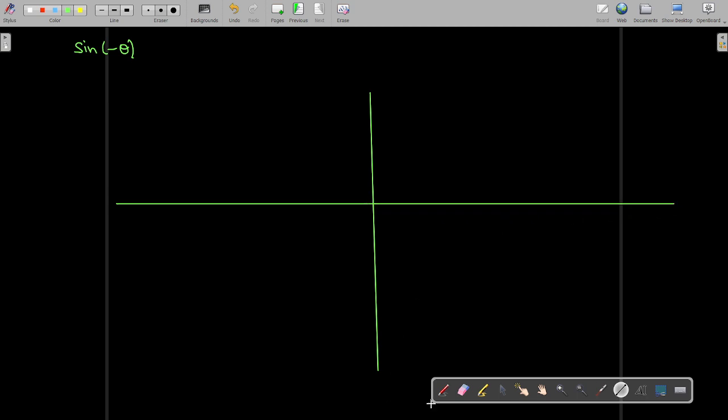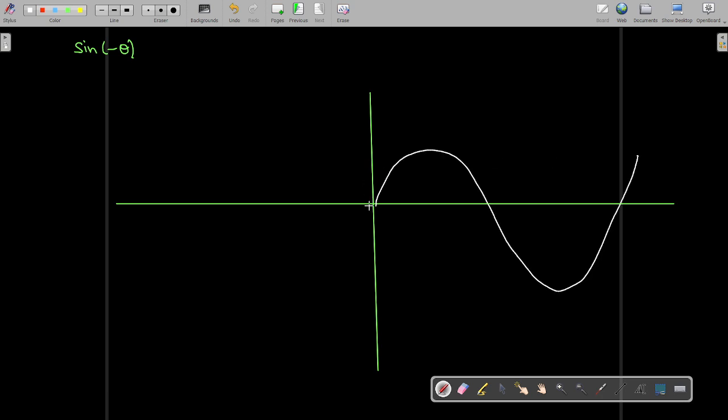Now here you're given to draw minus sine of minus theta, right? Now first of all, just draw sine of minus theta. Again, this was the graph of normal sine theta. How will sine of minus theta look?